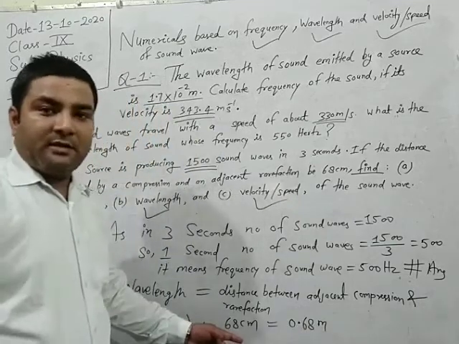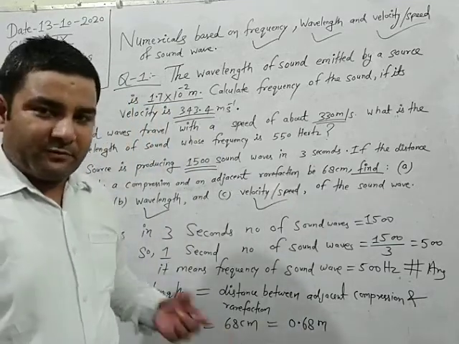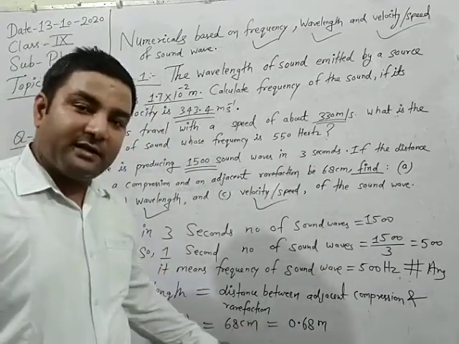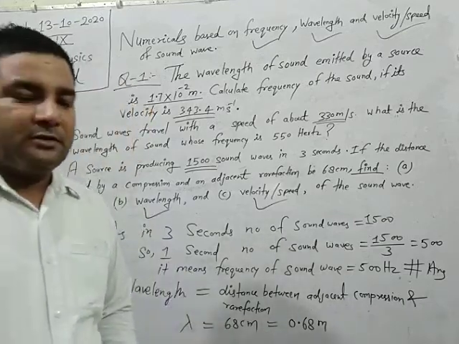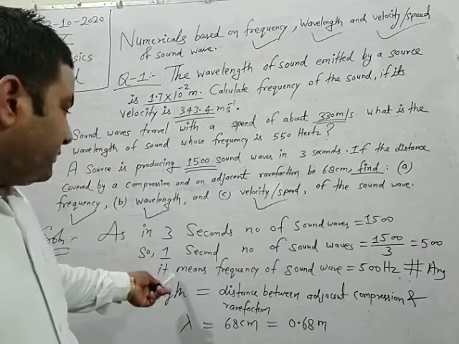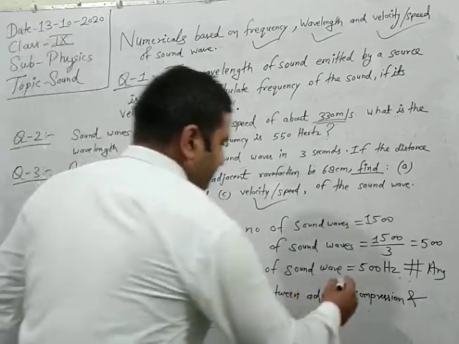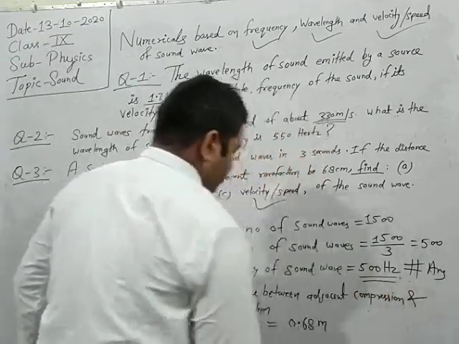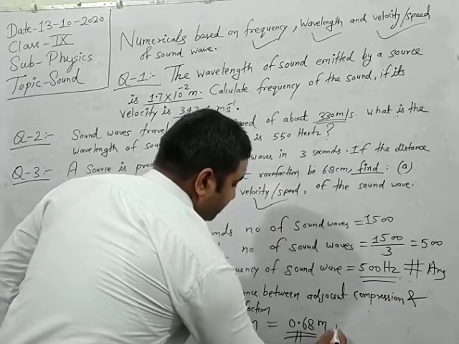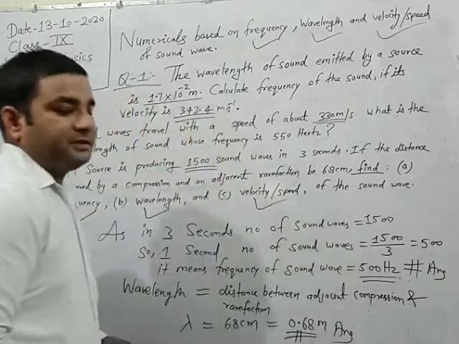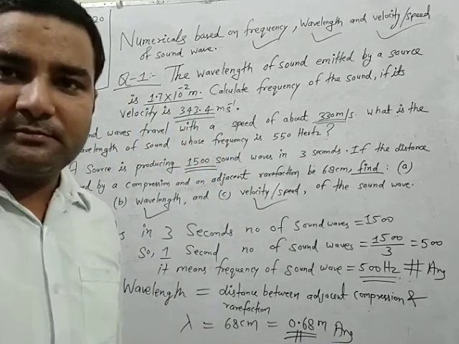Whenever a value is given in centimeter, we have to find it in meter, which means dividing by 100. Then this becomes 0.68 meter. Clear? So the frequency f is equal to 500, and the wavelength is 0.68 meter. Just note down this one. Very simple.